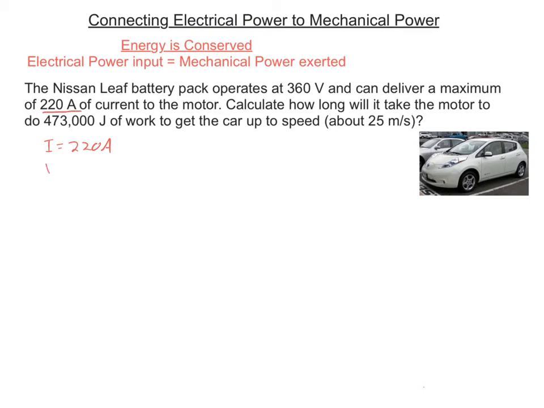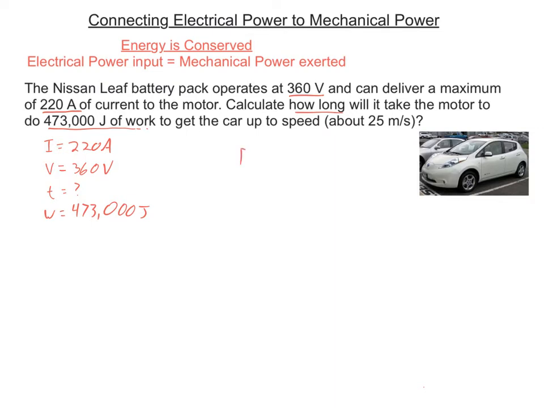I know V, 360 volts. I'm looking for time, T equals question mark, how long, and I know the amount of work that we're going to do. Work equals 473,000 joules.